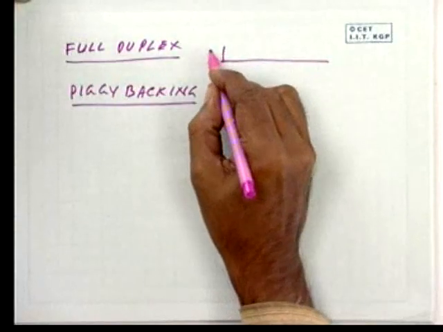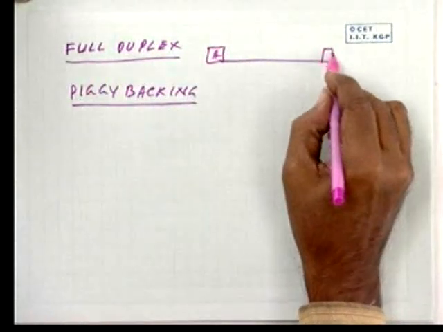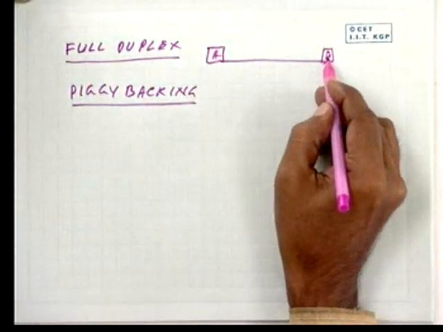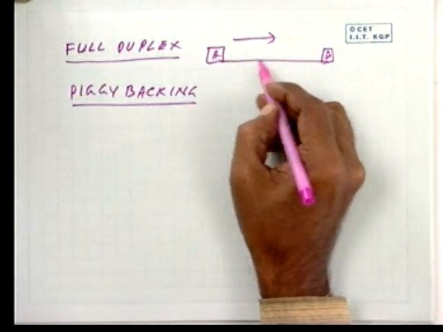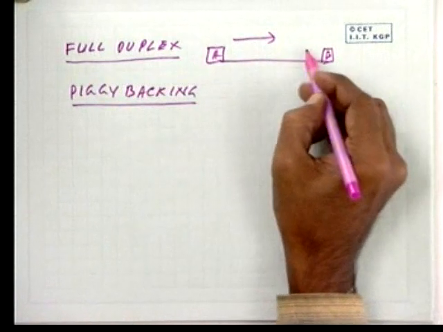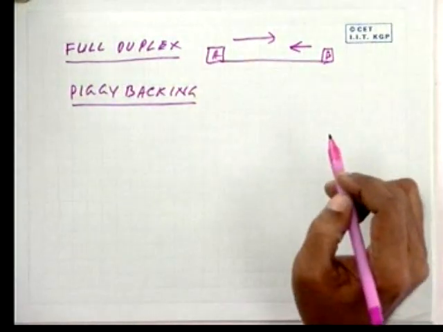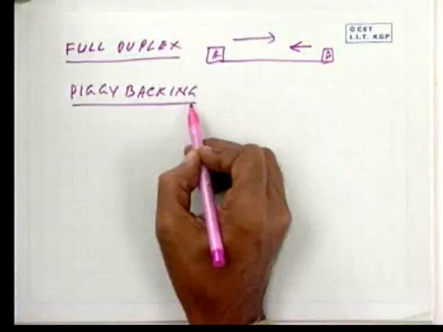Say we have stations A and B. A is the transmitter, and when B is sending data as part of the frame which is used by B, a few bits are used to send acknowledgement, and that is called piggybacking.